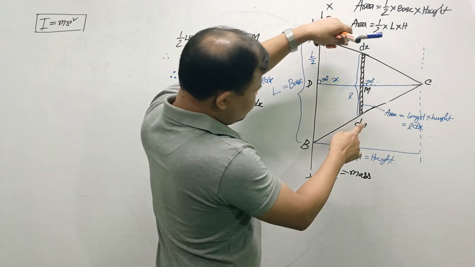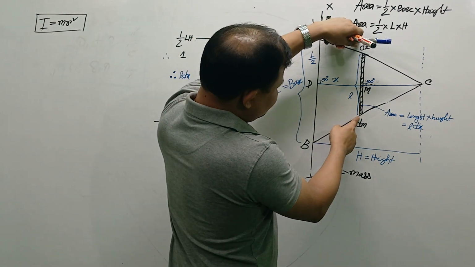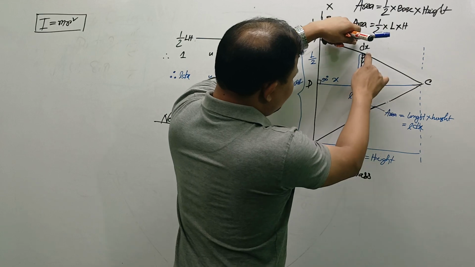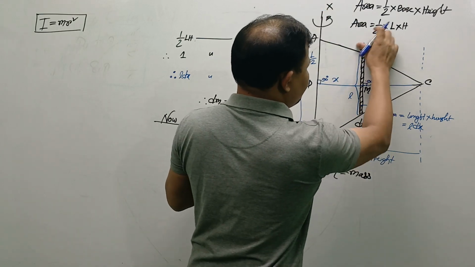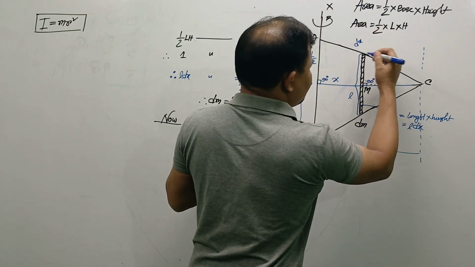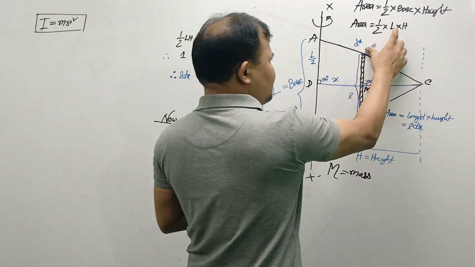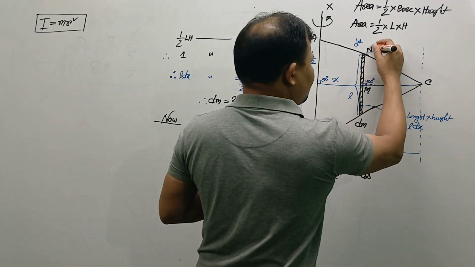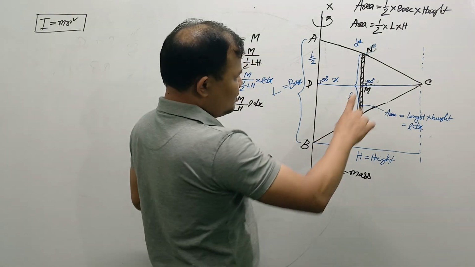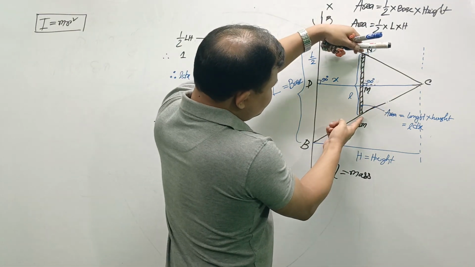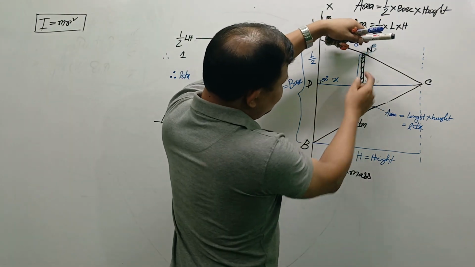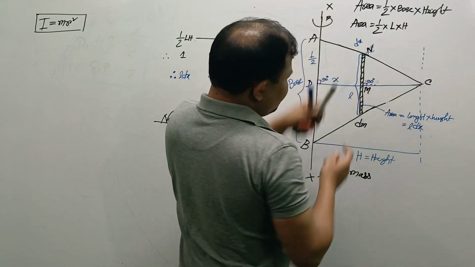If the total length is L, then this part is dx, and the name is N. What will be the value of NM?